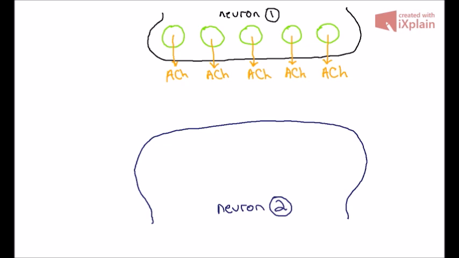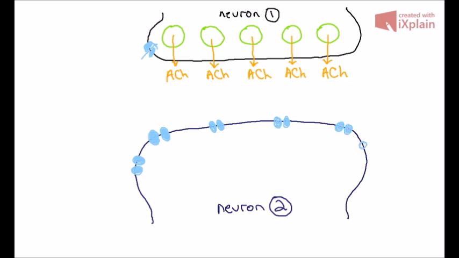Well, just like there were calcium doors, voltage-gated calcium channels up here for the calcium to rush in, down here on neuron number 2, there are chemical-gated channels. Now, these are not voltage-gated channels that are triggered by electricity. These are chemical-gated channels. And the reason why they're chemically gated is because they open when they're stimulated by a certain chemical instead of being stimulated by voltage.